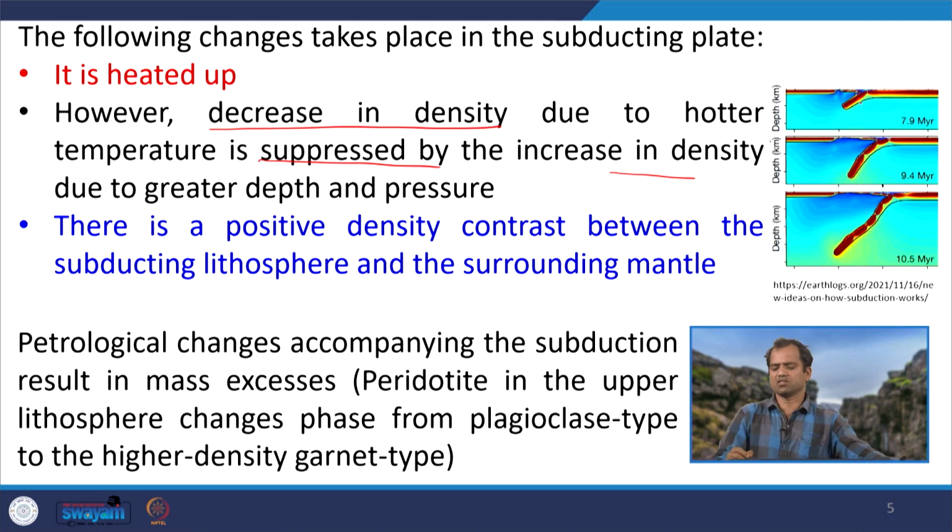So, that means once this plate is going to a sufficient distance, there are phase changes. If you remember our earlier class, we talked about the dehydration of this material, it is converting to eclogite, serpentine is converting to olivine, and further it is converting to spinel.